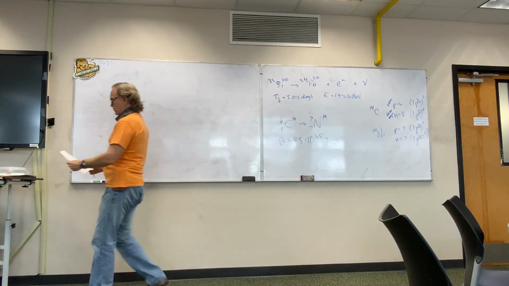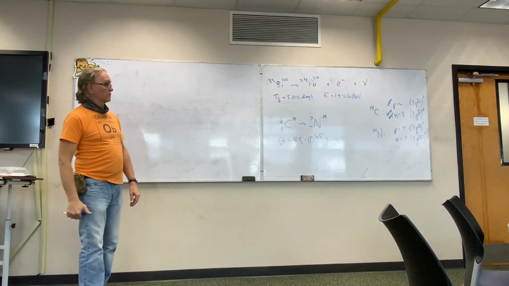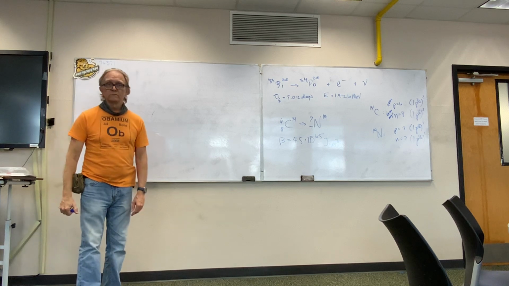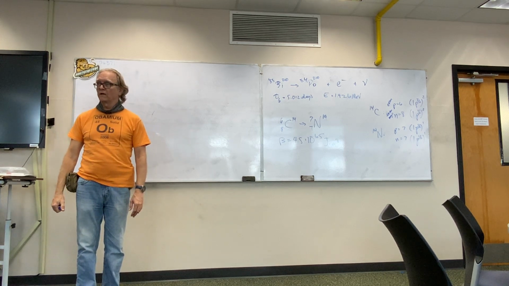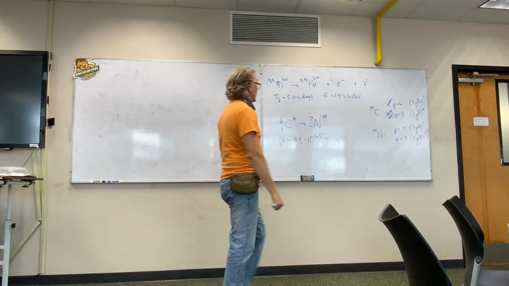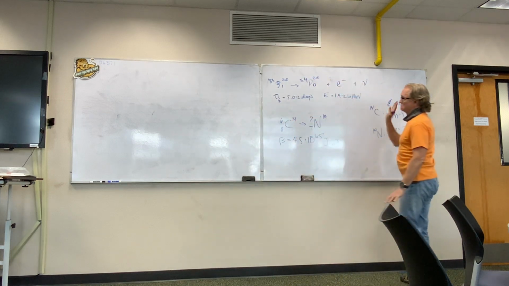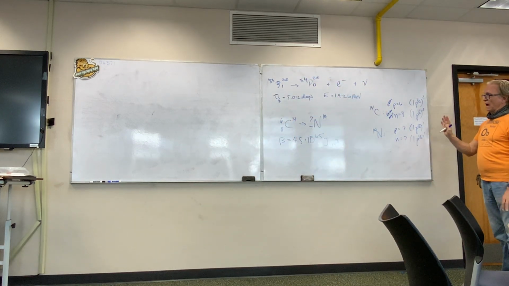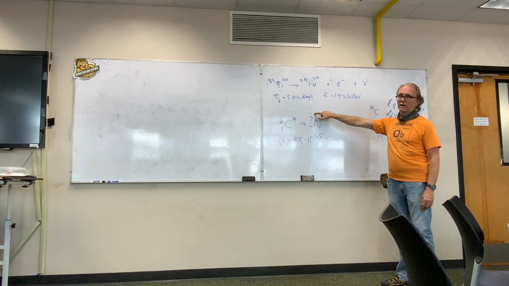So what you could do is see if that really is the decay of bismuth to polonium, or if that's going to resolve what I did there. And if this is a beta minus decay, then I don't know what happened with that.